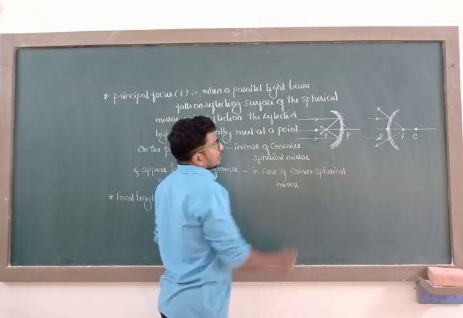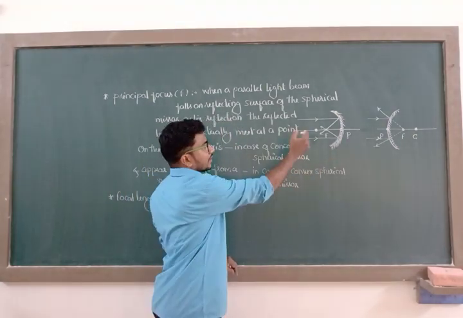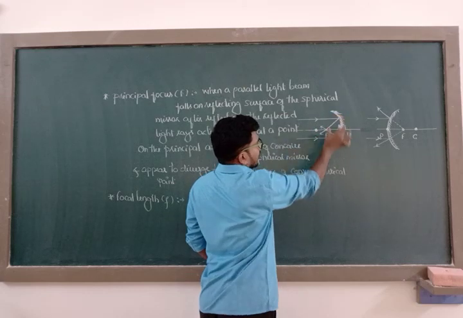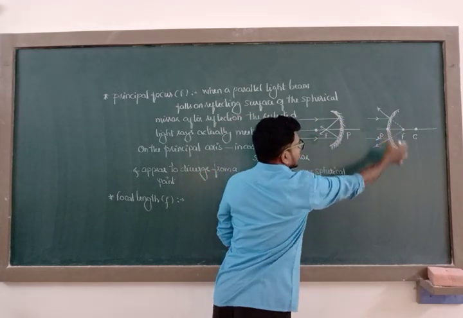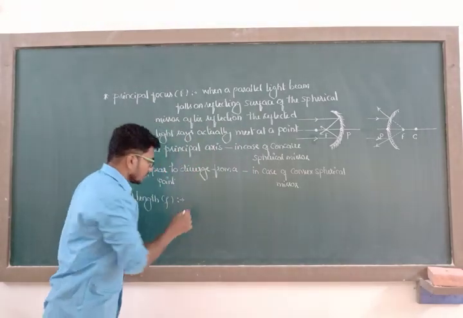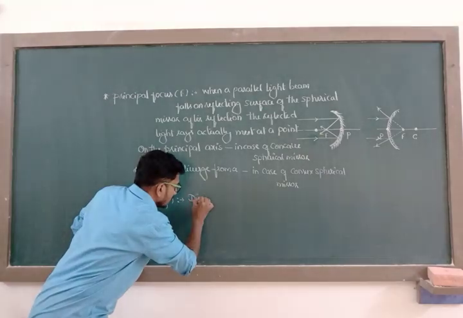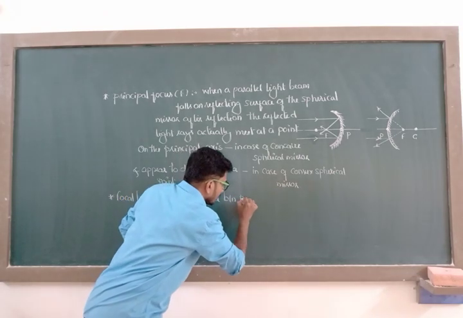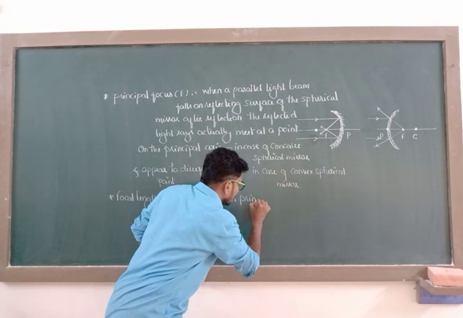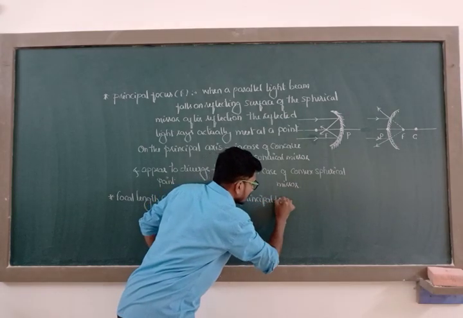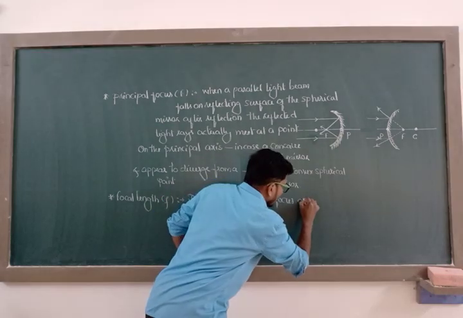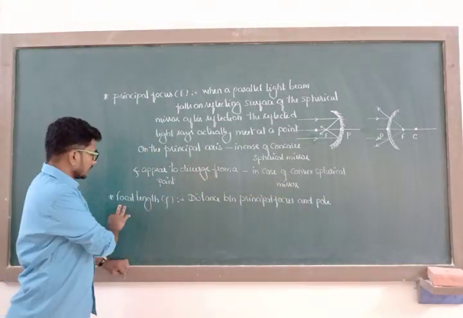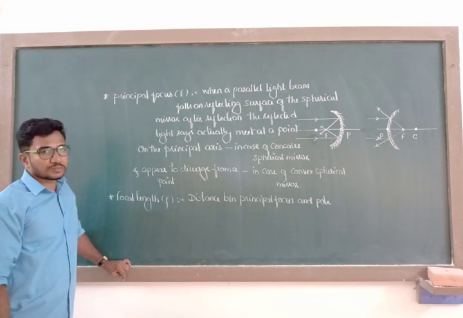The distance between pole and principal focus, whether a concave or convex spherical mirror, that distance between principal focus and pole of the spherical mirror is known as focal length of that given spherical mirror.